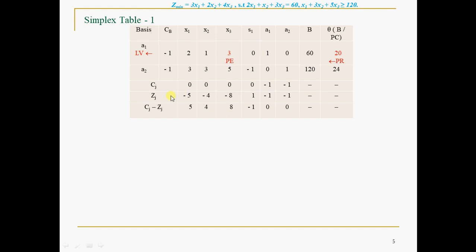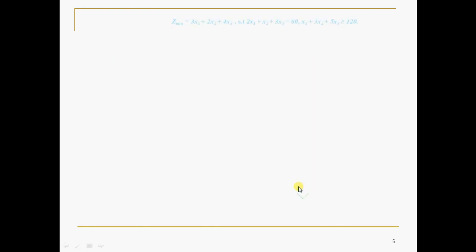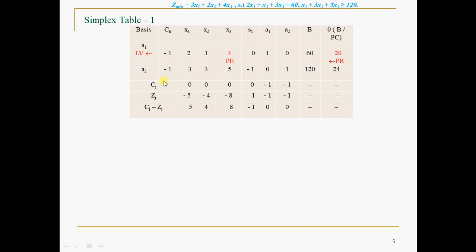Cj means the coefficients of the auxiliary LPP. You recall the auxiliary LPP from before: x1, x2, x3 are zeros, s1 is 0, and for the artificial variables minus 1 and minus 1.